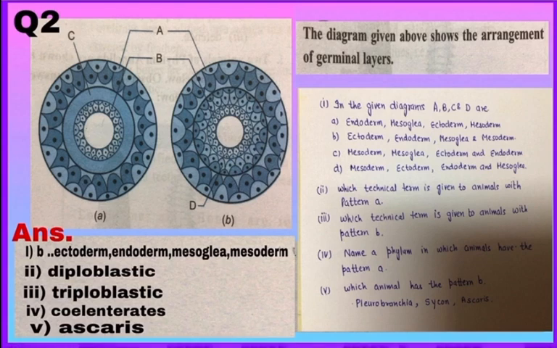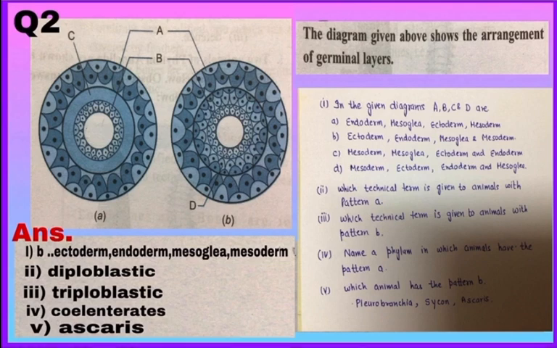So the correct answer is B, mark B. Second part of the question. Which technical term is given to animals with pattern A? The technical term is given to animals with pattern A having 2 germ layers is diploblastic.